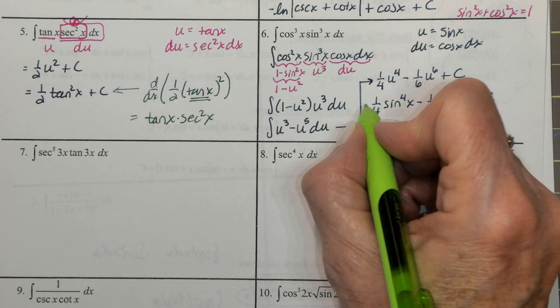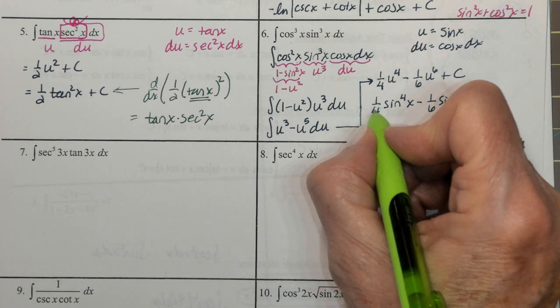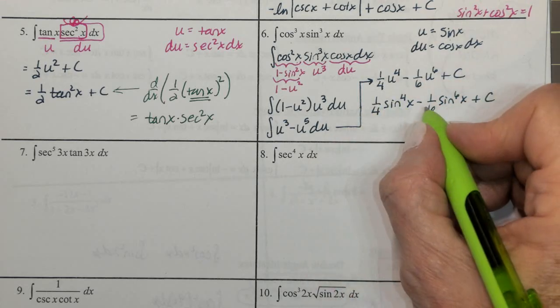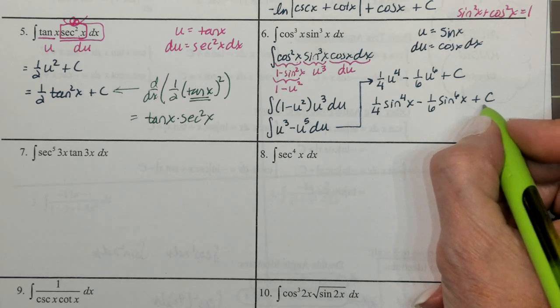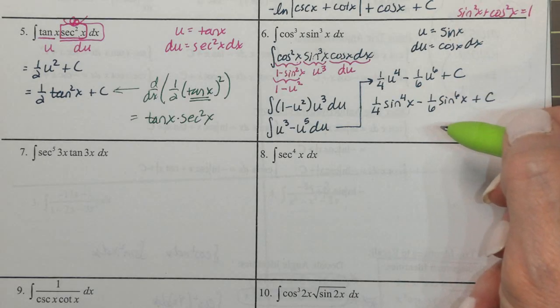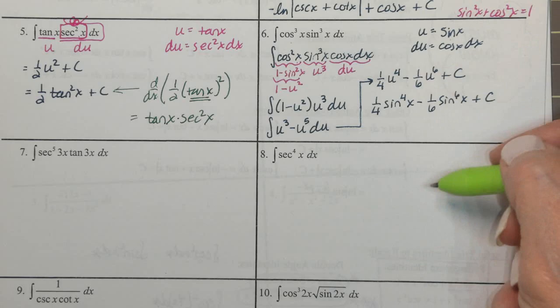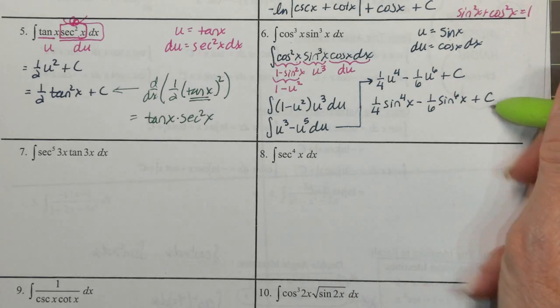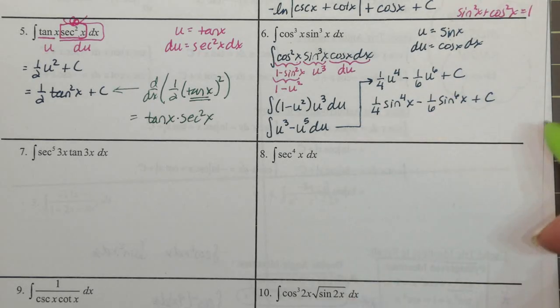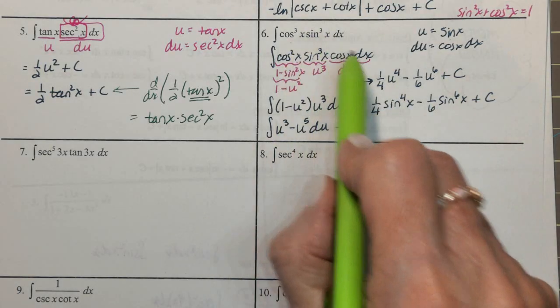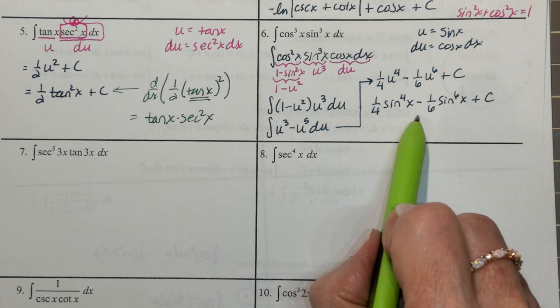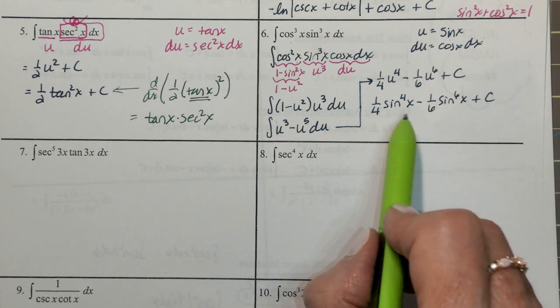So in the end, it would be negative 1/4 cosine to the 4th plus 1/6 cosine to the 6th plus c. And those two are vertical shifts of each other. They have different c's, but it's the same shape. So sometimes when you do one of these, your answer might look different from my answer, but it might be equally correct.